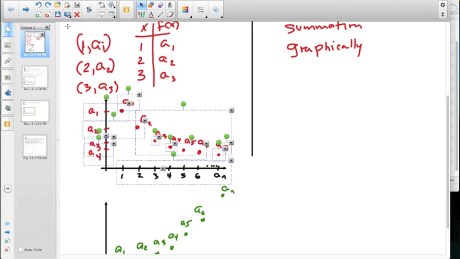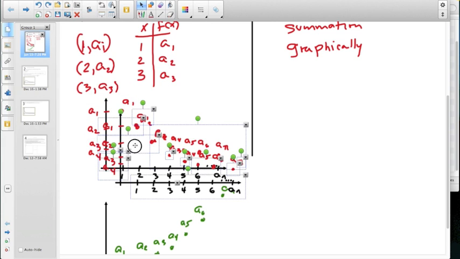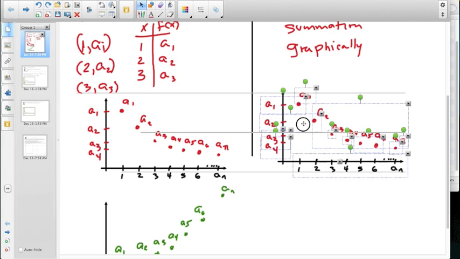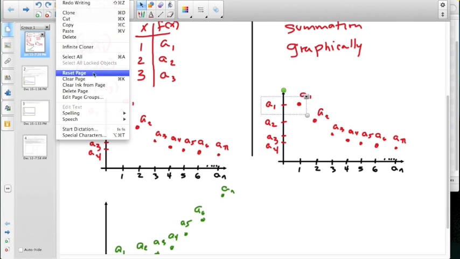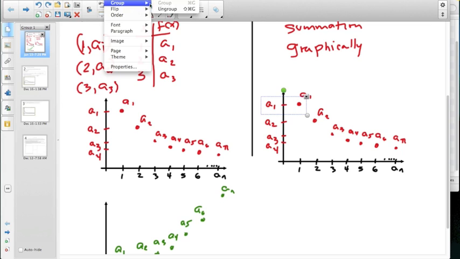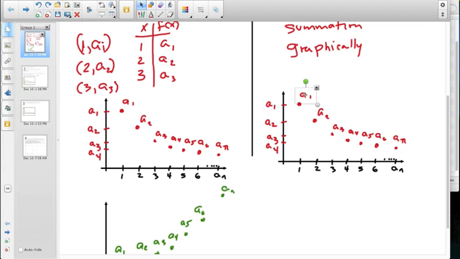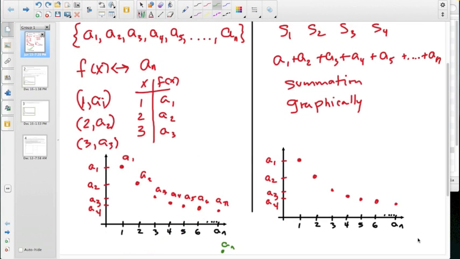If we look at this picture of a sequence, of our sequence values, now instead of looking at these individual values, and I'm just going to get rid of the values, we could say, if we take a look at this first term, a sub 1, that is this value here, but if we're talking about a summation, then we're talking about adding up this value and this value.